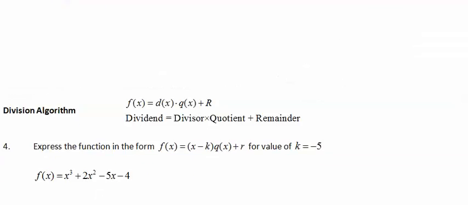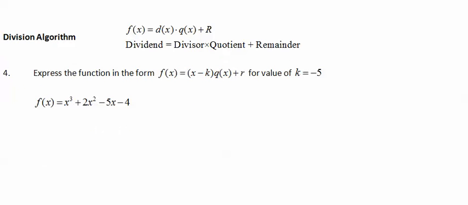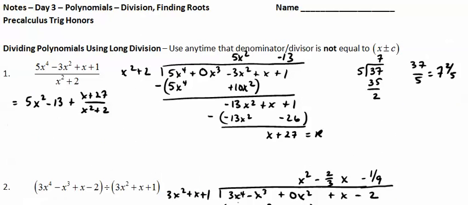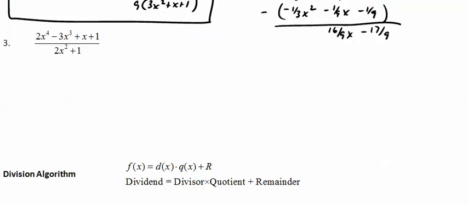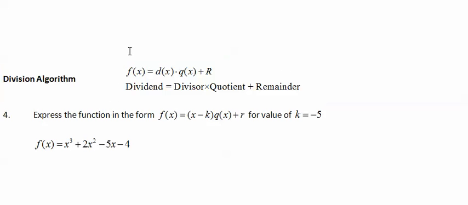Let's go to the last problem on this page. This is the division algorithm. Let's return to our example. Let's see what we decided up here. We were going to do 37 divided by 5. So this would be the same as writing 37.